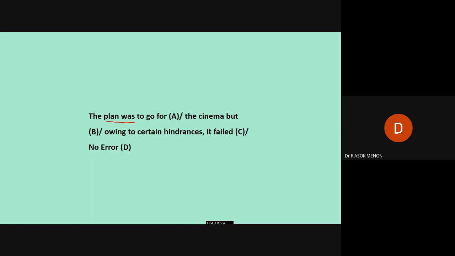It is go to the cinema. The cinema is a place where people go to watch films. The cinema is a house, cinema house. People go to watch the movie in the cinema. The cinema is a place. Therefore, we go to the cinema. Go for a film. You can say go for a film.